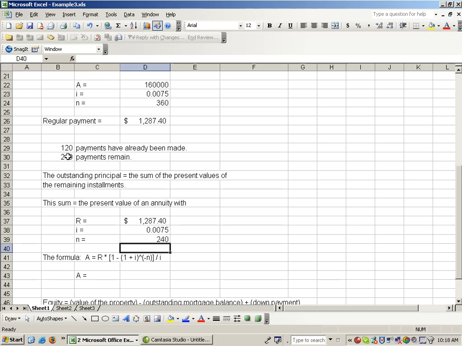Okay. So now we're going to follow the formula for present value, this one right here.